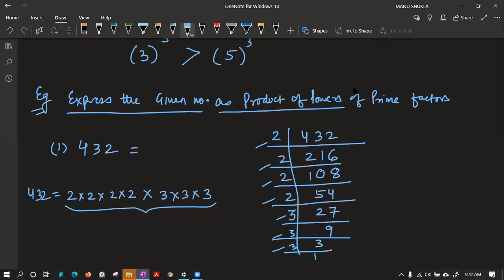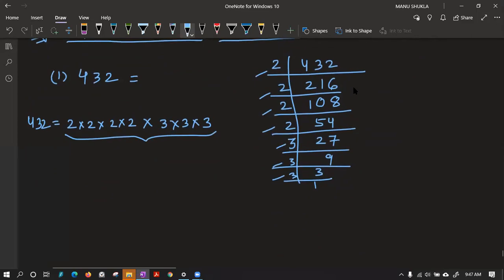Now, after writing as factors, we have to see, can we go for the power thing? Yes, we can go. We have 1, 2, 3, 4. We have 4 2's getting multiplied.